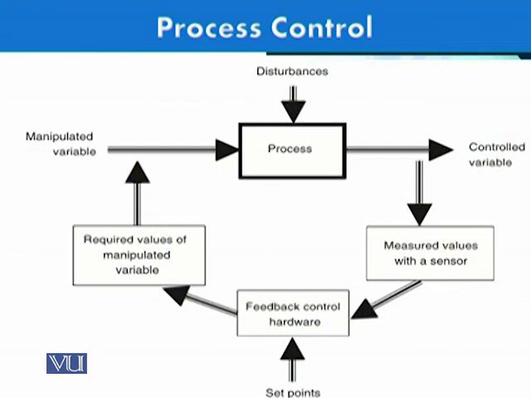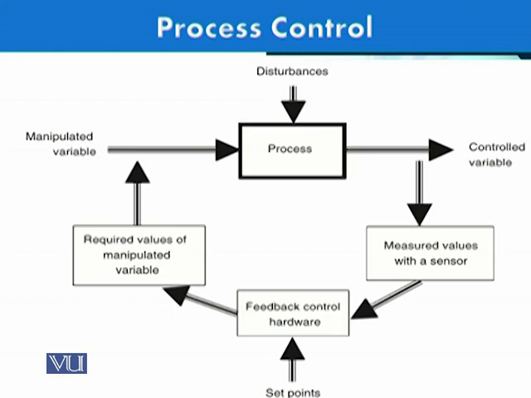If you look at this picture, we have a process in the middle, and if there is any disturbance in this process, we go for the control variable, which is applied, and then we look at the next measured value with a sensor. As I said, there have to be sensors for all these variables; they are far superior to human senses.